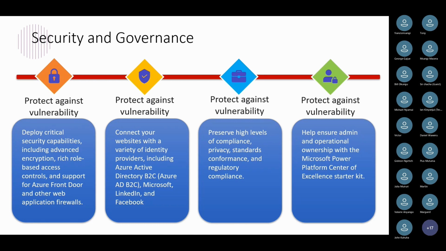And we have the maintain governance and control. Sorry if I still have this issue over there. So maintain governance and control helps ensure admin and operational owners with the Microsoft Power Platform Center of Excellence Data Kit. So with this, the admins can easily direct whoever is supposed to have access to whatever it is.